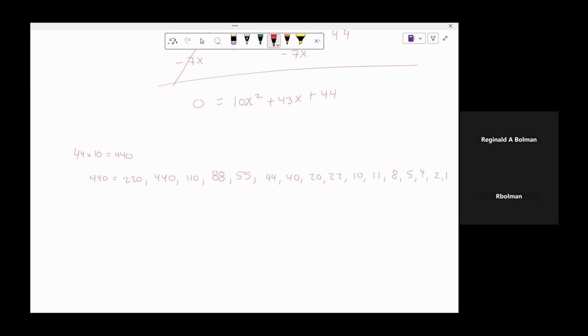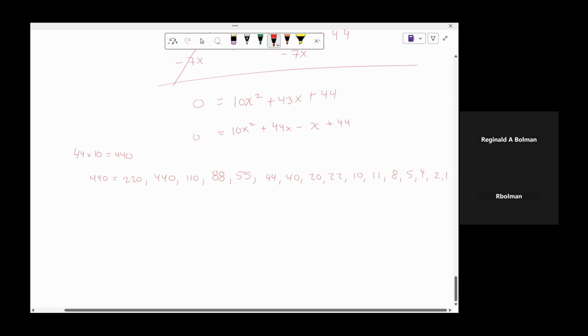Now, it does appear to be the case that 44 minus 1 would add to 43. So what that tells you is you could expand out this 10x squared to be 10x squared plus 44x minus x plus 44.